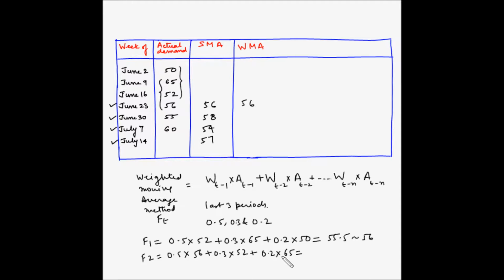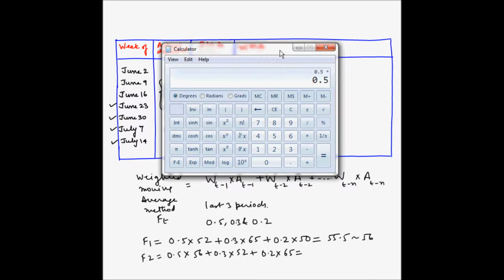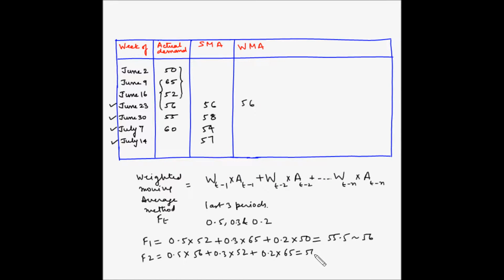So this is equal to 0.5 multiplied by 56 plus 0.3 multiplied by 52 plus 0.2 multiplied by 65, which is 56.6, which can also be rounded up to 57. So for the week of June 30th, the forecast is 57.